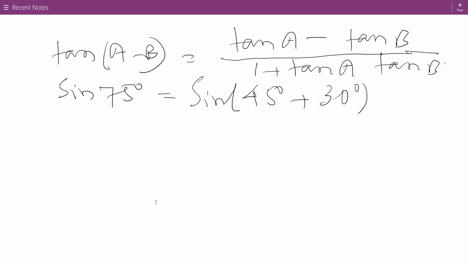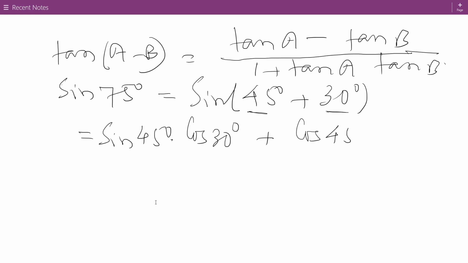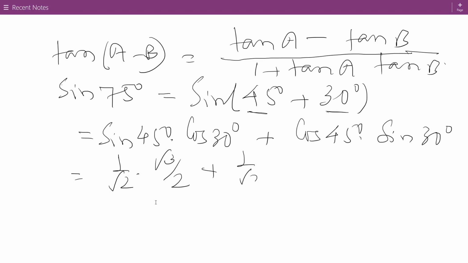Sin 45 plus 30. Now this is A and this is B. You write in this way: sin A cos B plus cos A sin B. Standard value of sin 45, 1 by root 2, cos 30, root 3 by 2, cos 45, 1 by root 2, into sin 30, half.